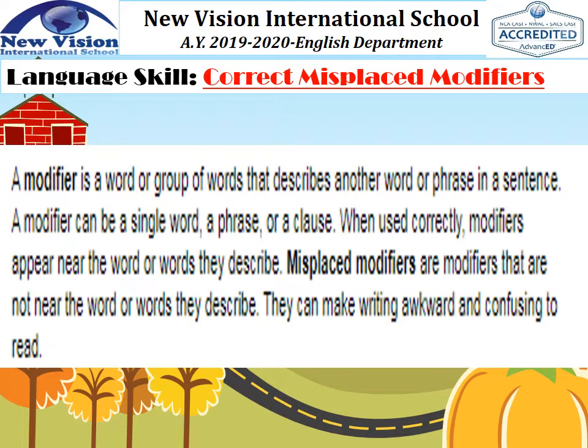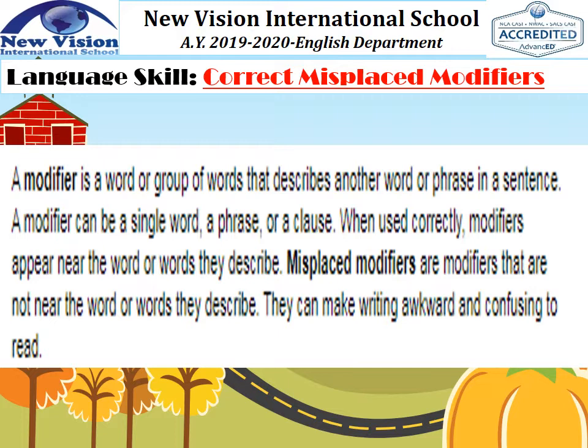A modifier is a word or group of words that describes another word or phrase in a sentence. A modifier can be a single word, a phrase, or a clause. When used correctly, modifiers appear near the word or words they describe. Take note of that.